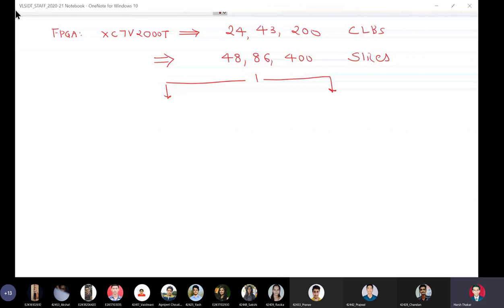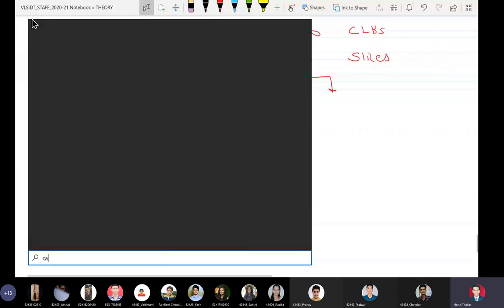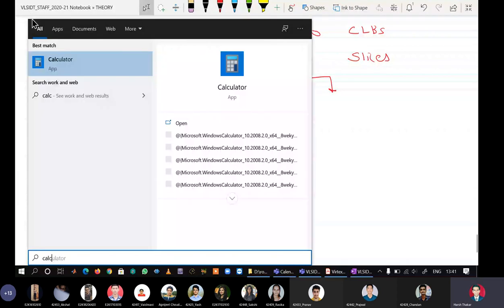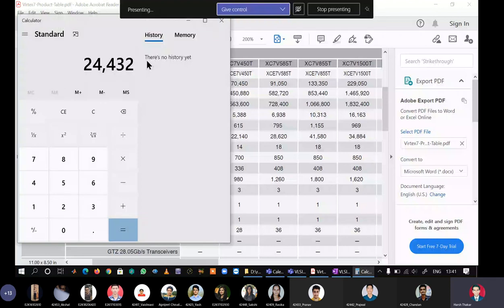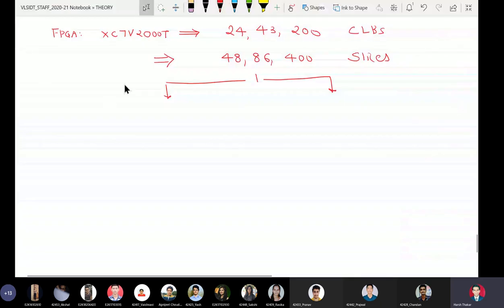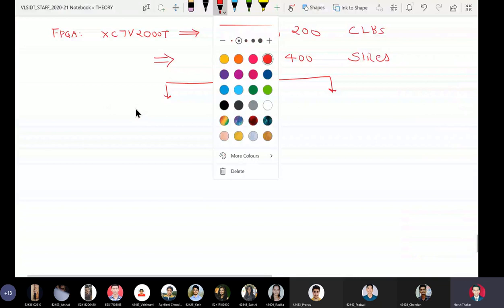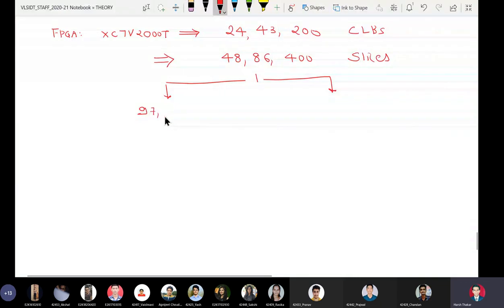So if I use a calculator, 2443200 into 4 gives 97 lakhs 72,800, that is 9772800. It contains so many 6 input LUTs.